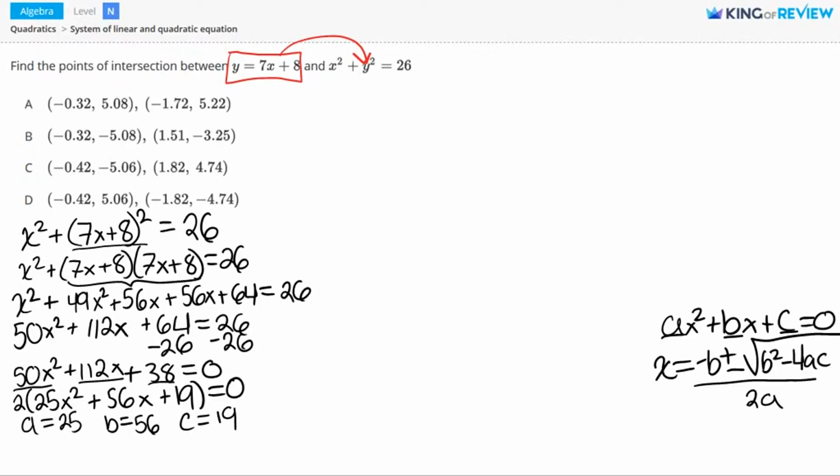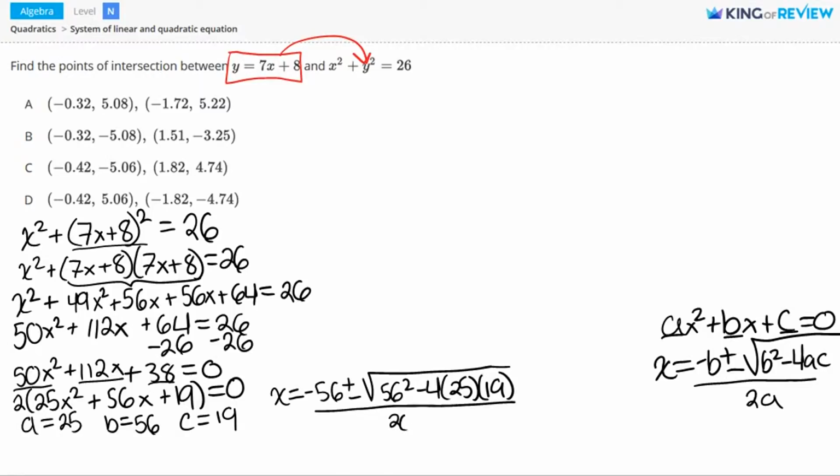Let's plug these values into the quadratic equation. We get x equals negative 56 plus or minus the square root of 56 squared minus 4 times 25 times 19, and this is all divided by 2 times 25.